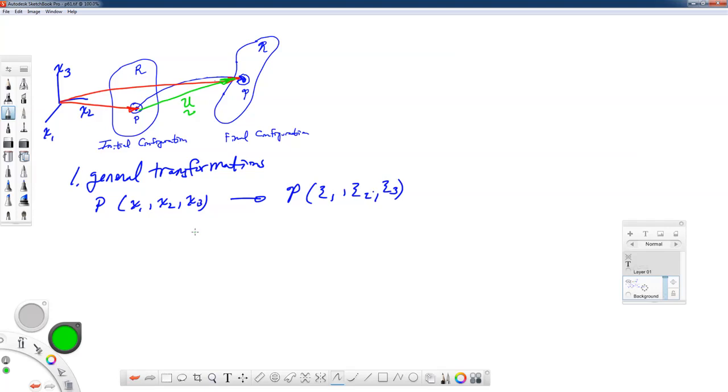And so every point that has an ordered triple x sub I will transform to a point script p that has an ordered triple xi sub I. Another way to say that is that each point xi sub I is a function of its initial position.